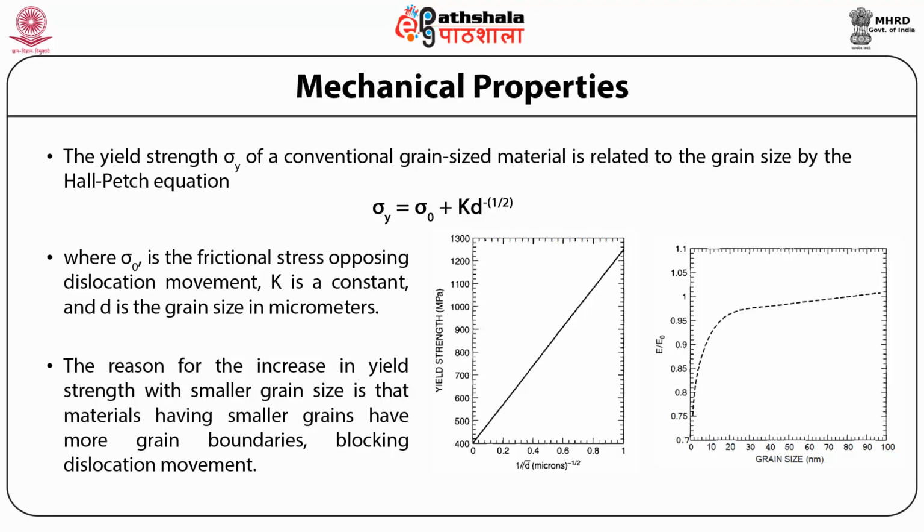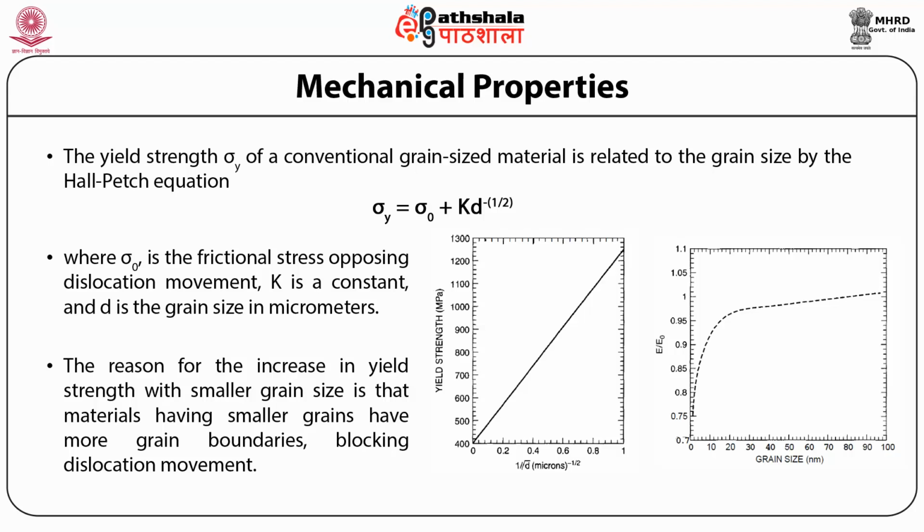Examination of small grain bulk nanomaterials by transmission electron microscopy during deformation does not show any evidence for mobile dislocations. Most bulk nanostructured materials are quite brittle and display reduced ductility under tension, typically having an elongation of a few percent for grain size less than 30 nanometers.